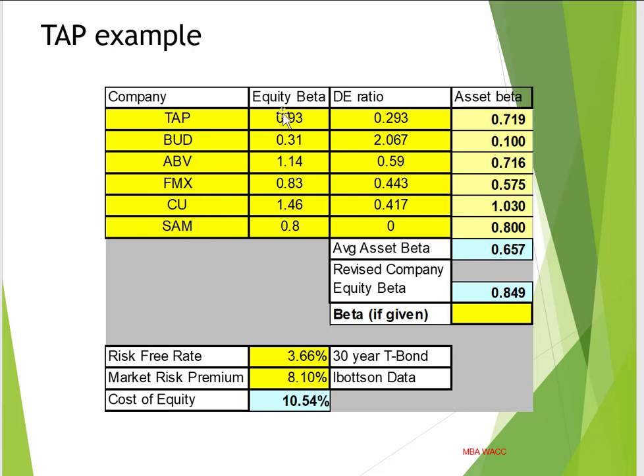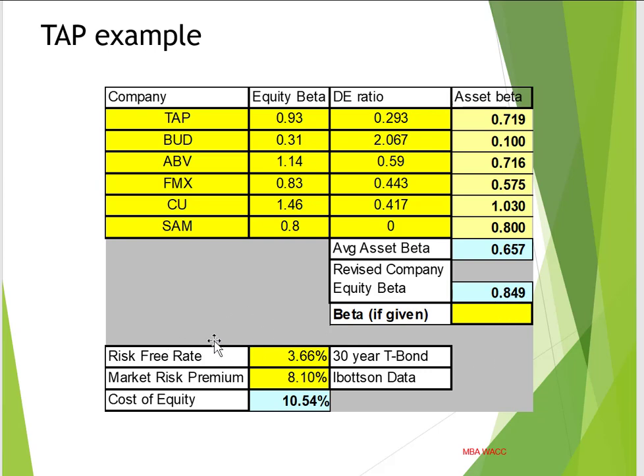In the brewing industry, here are the equity betas. This is what's published. Here are the debt ratios. And of course, when we unwind those, that gives us the asset betas. So the average here was 0.657. And now we can have a revised company equity beta of 0.849.